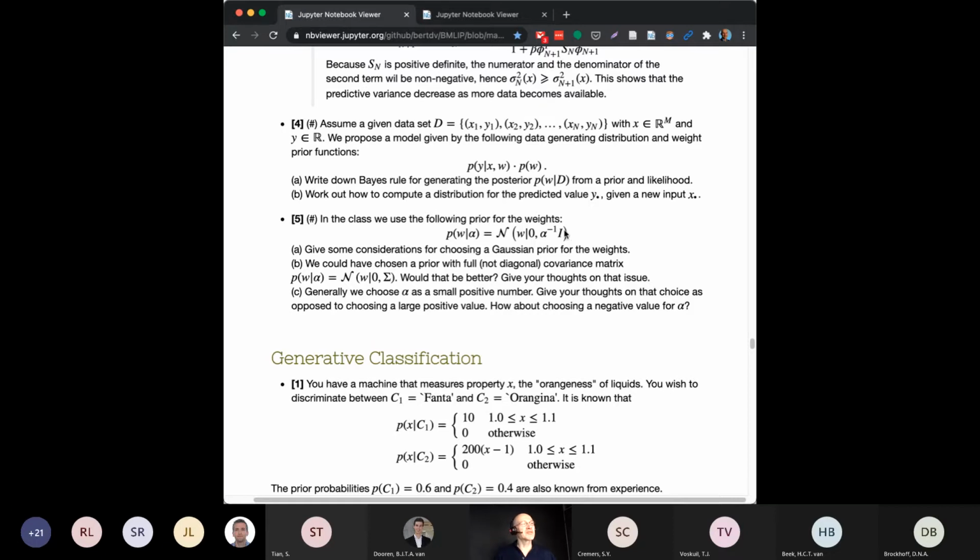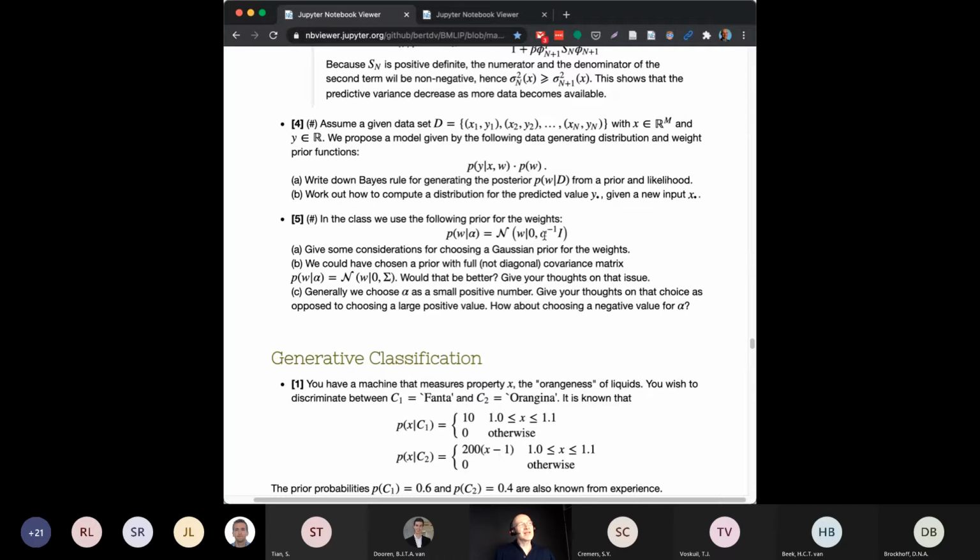And I provide that uncertainty, how much uncertainty, with alpha. By setting alpha to a small value, I say I have a lot of uncertainty. And so that seems like the least committal assumption. You could have taken another distribution. It would be totally fine.